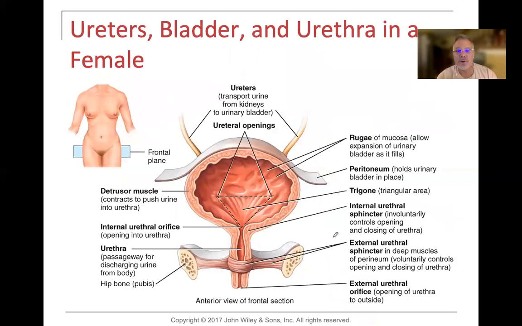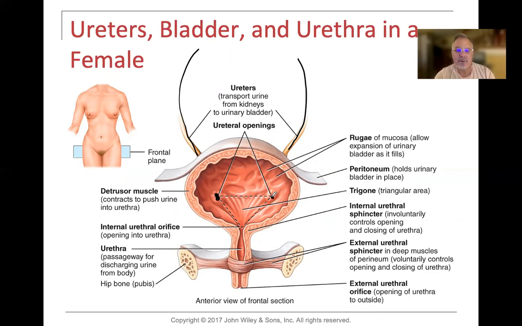And now the ureters, they come down this way, and then the ureters are going to lead right here into this ureteral opening and this ureteral opening into the urinary bladder, and that's what we're looking at here.